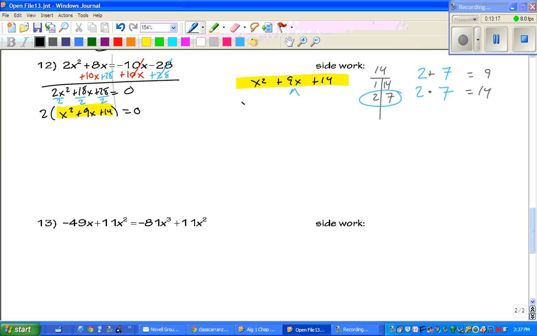So we're going to split the middle term and get x squared plus 2x plus 7x plus 14. Okay, the GCF of the front is an x. In the back, it's 7.